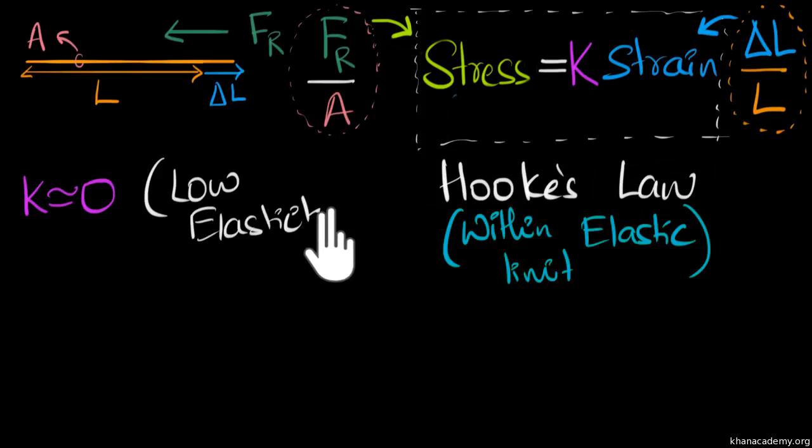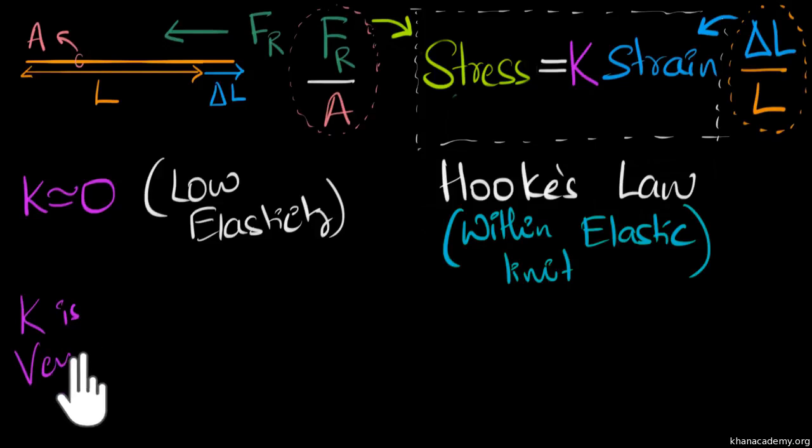And what if we have a very high value of K? What does that mean? Well, if K is very high, then even for a small amount of strain, the stress would be very high. Which means if you take this material and strain it even a little bit, the stress will be very high and it will snap back very quickly to its original shape. In other words, it is very highly elastic.